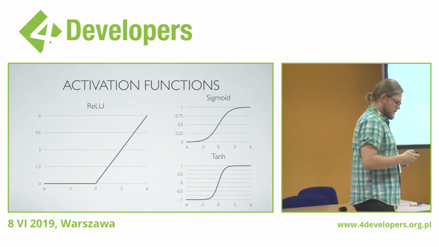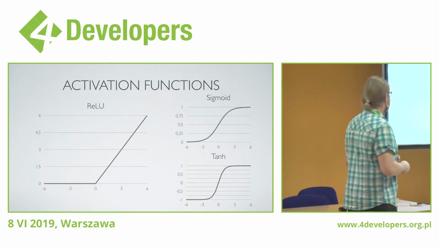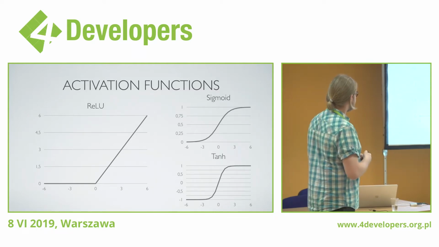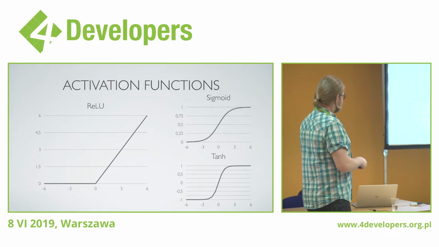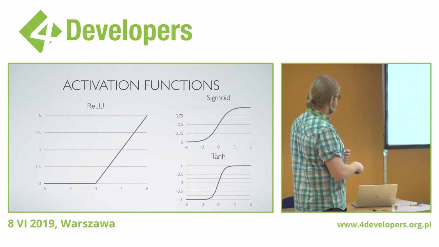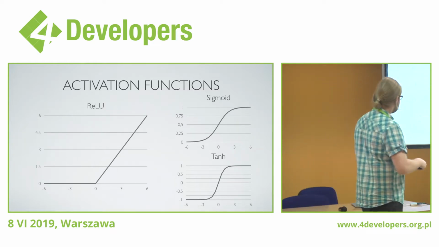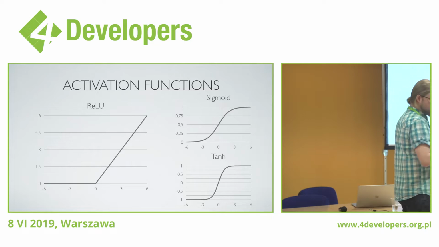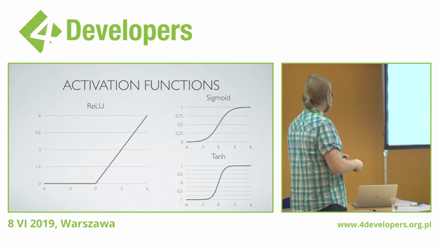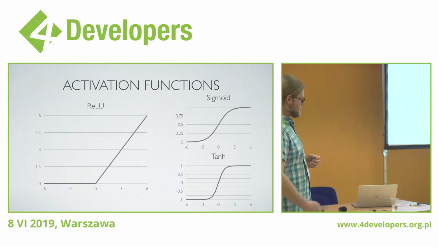But in later experiments recently, it was found that this simplified function called the rectified linear unit, which is just a simple max of the input and 0, so for any value lower than 0, it's 0, and for any value higher than 0, it's the value, works just as well for training neural networks. So this is the activation function we use.